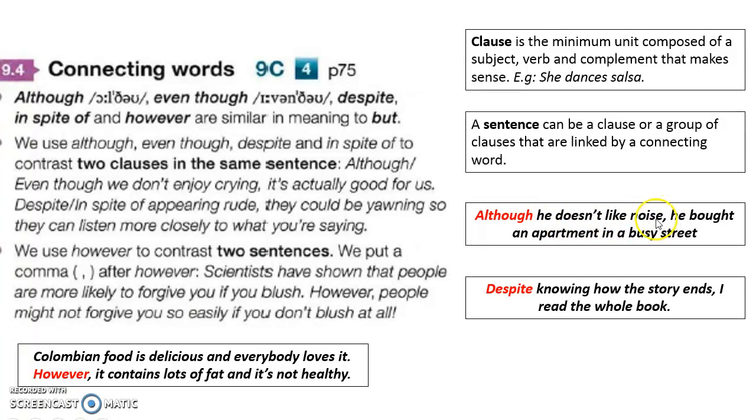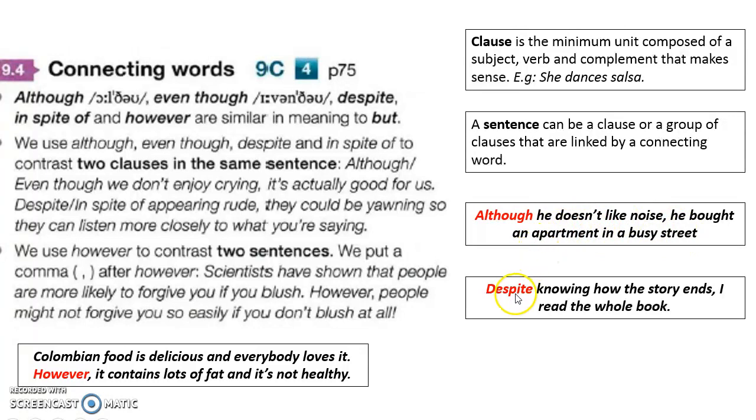But he did something that doesn't make sense based on the fact that he doesn't like noise, because he bought an apartment in a busy street, right? That means that it is a noisy place. It's a place with lots of things going on, so it's likely to be really noisy. So although he doesn't like noise, he bought an apartment in a busy street. This also is expressing contrast between these two clauses that make part of the whole sentence.